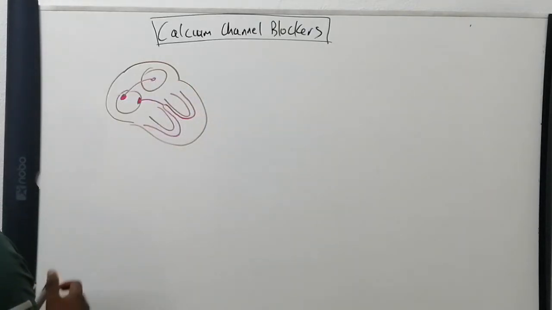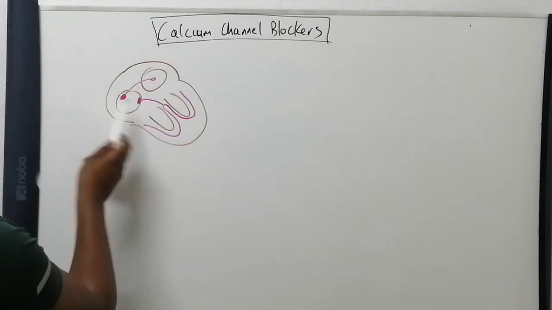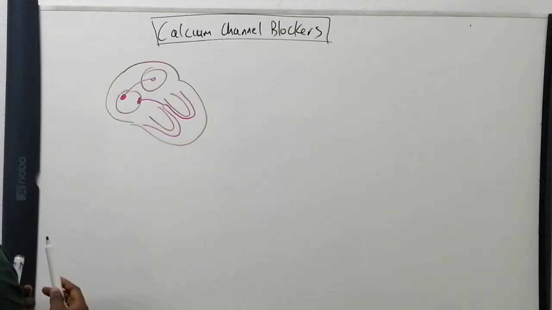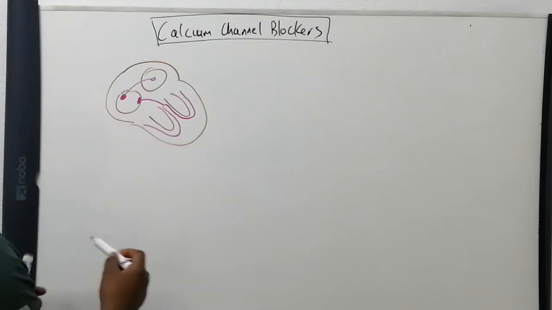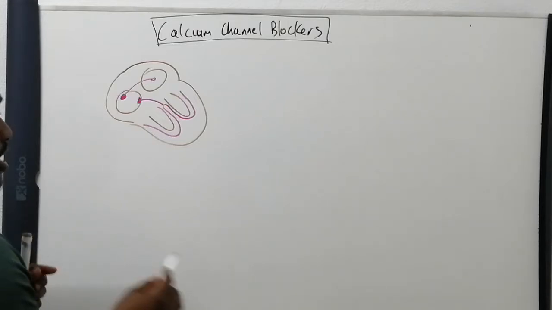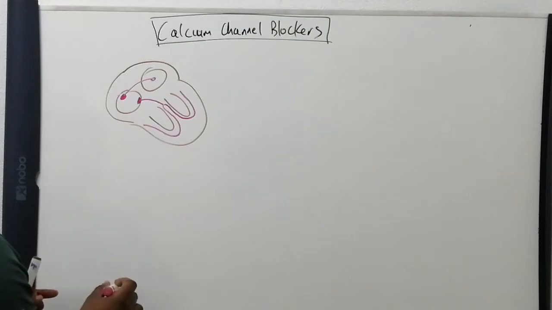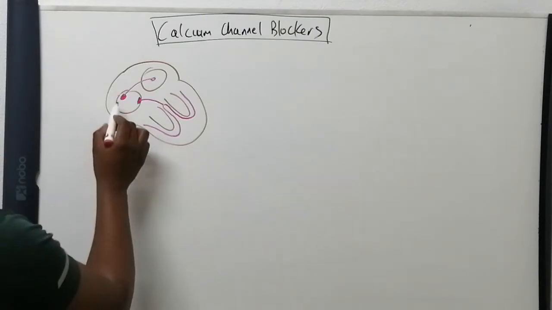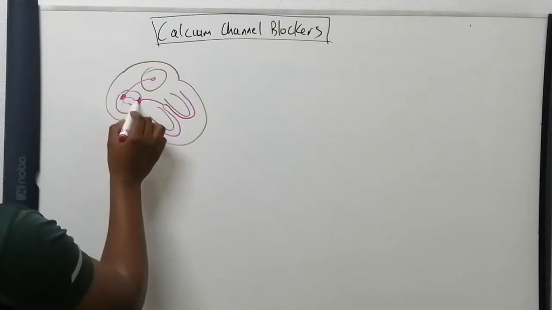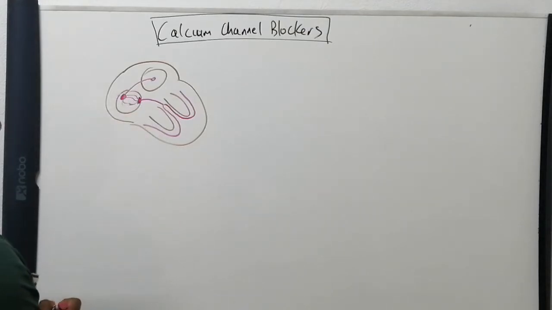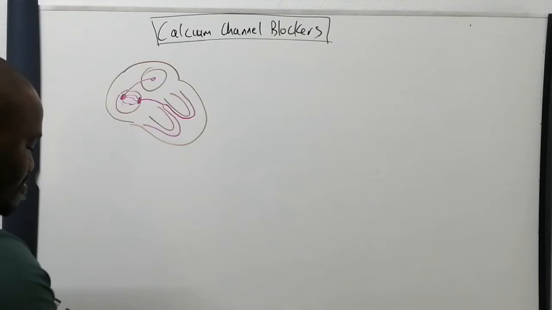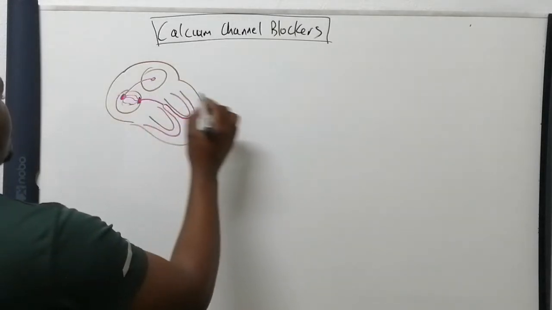And also, if action potentials are going to move from the SA node to the AV node, what conduction fibers link the two? They are called the internodal fibers, right?